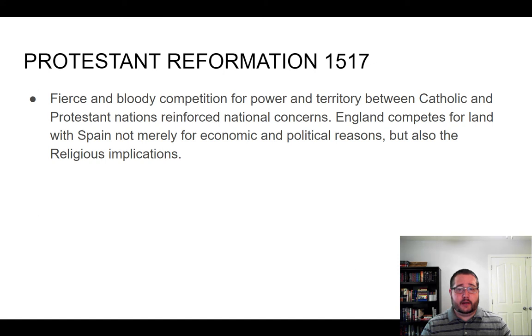Okay, and you've got nations like England, who under King Henry VIII doesn't want to. He wants a divorce. The Catholic Church won't give it to him, and he decides to just break away completely from the Catholic Church. So you've got whole nations who are not conforming to the edicts under the Catholic Church.